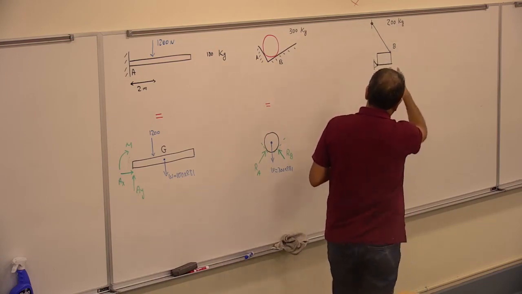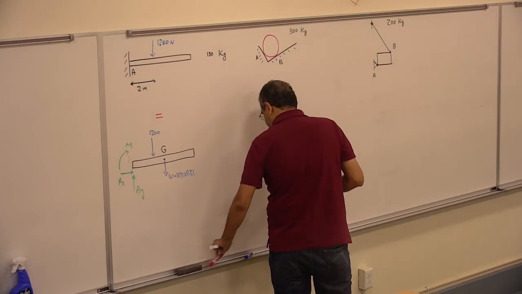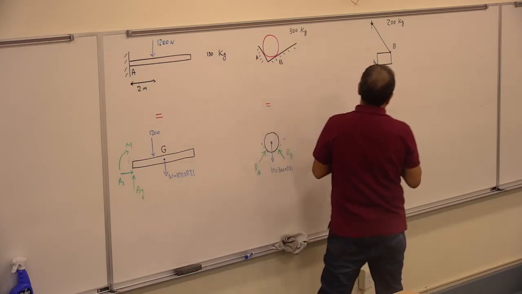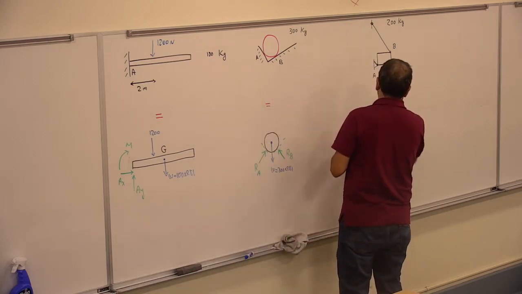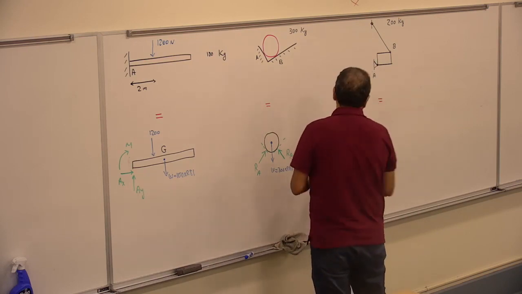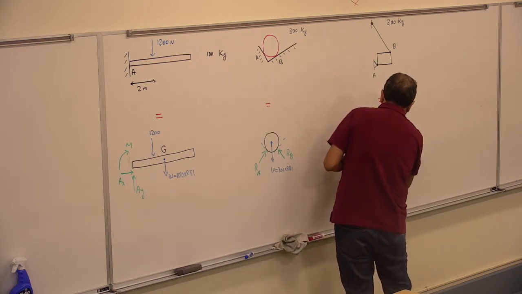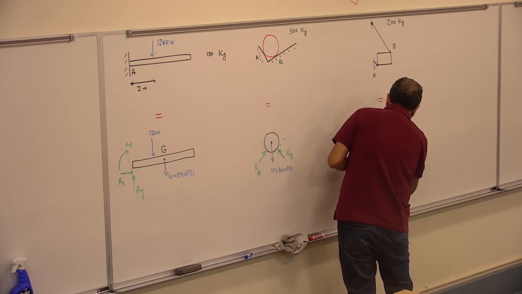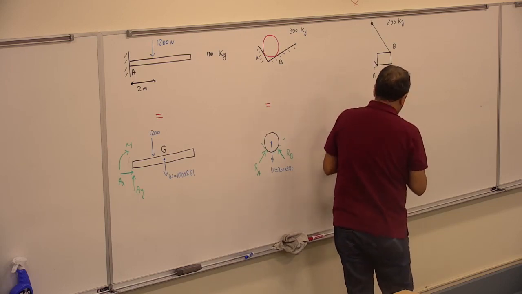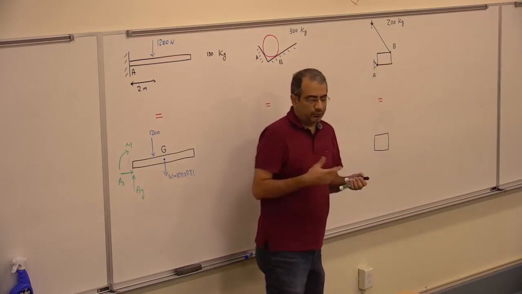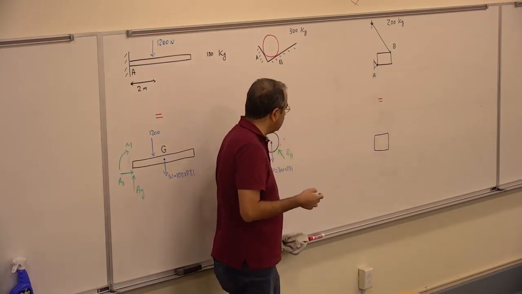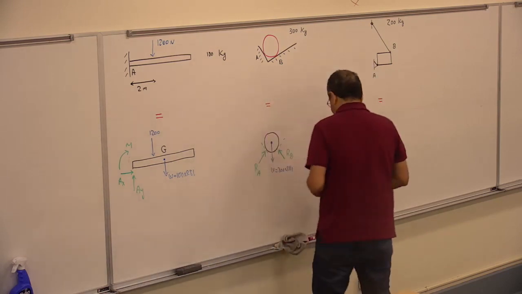Again, if I want to draw the free body diagram for that box, first of all isolate it, so we'll just draw the box itself. Then all the forces that want to move it. In this case, it's only the weight.